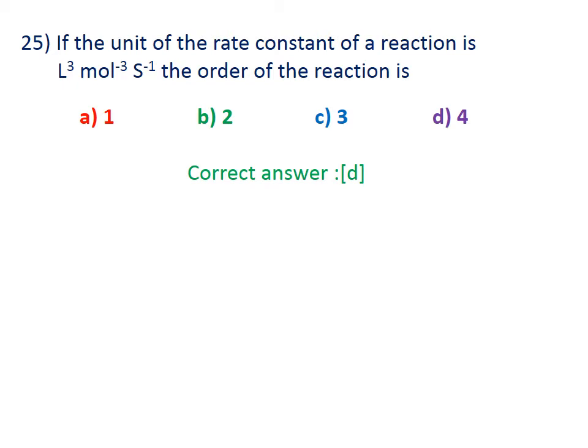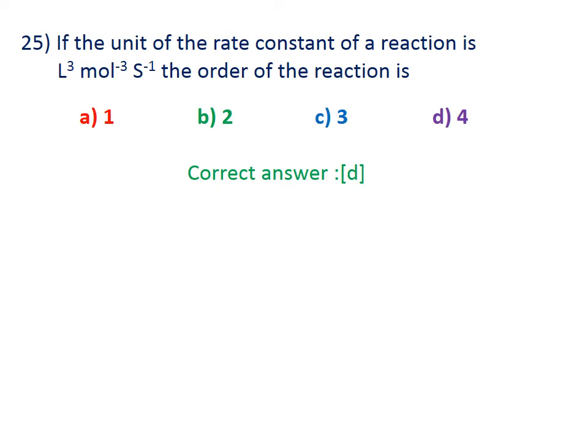Suppose you consider a second order reaction, the rate constant is L mole power minus 1, s power minus 1. Similarly here the unit has one less value. Therefore the correct answer is L3 mole power minus 3, s power minus 1. Then the order of the reaction is 4.